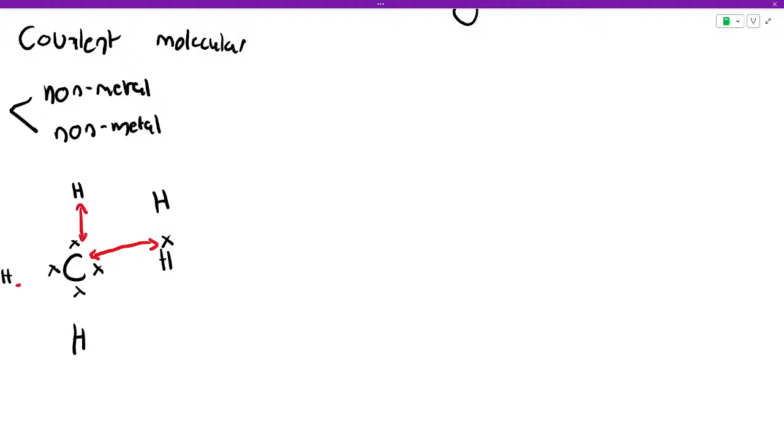All of them are indicated with these arrows here. So when it's done, carbon's going to look like this. The X's in a different color are what it gained from the hydrogen. No, let me redraw this.